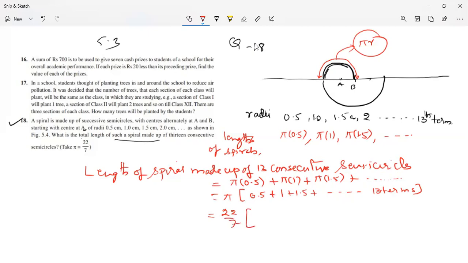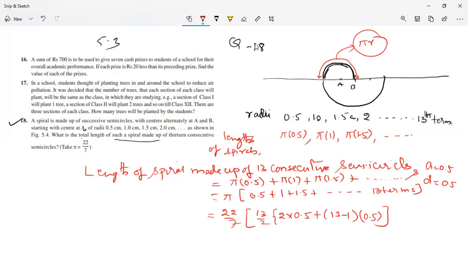Here n by 2 is 13 by 2, times 2 into 0.5 plus 13 minus 1 into the common difference 0.5. Here a is the first term 0.5 and the difference is also 0.5.